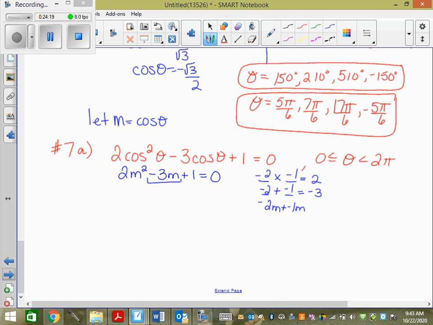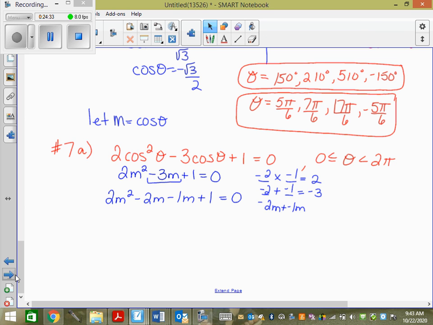I have to decompose because I don't have a 1 in front of my m squared, right? So I have to replace negative 3m with negative 2m plus negative 1m. I'm going to go 2m squared minus 2m minus 1m plus 1 equals 0. And I group. Take out a 2m, and I'm left with m minus 1.